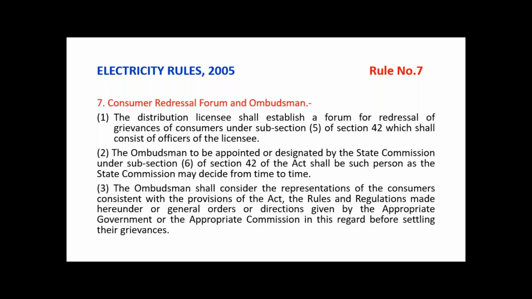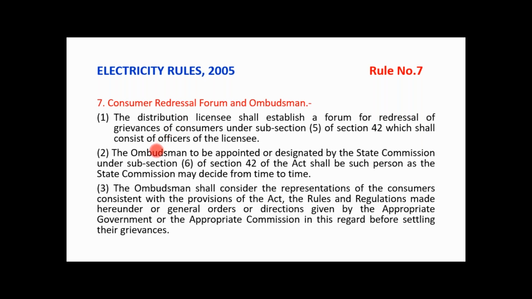Rule number 7 is related to the Consumer Redressal Forum and Ombudsman. So the distribution licensee shall establish a forum for redressal of grievances. Whatever the complaints, difficulties, issues raised by the consumer, should be resolved. All these grievances can be resolved by forming a forum, and this consumer redressal forum should be there.